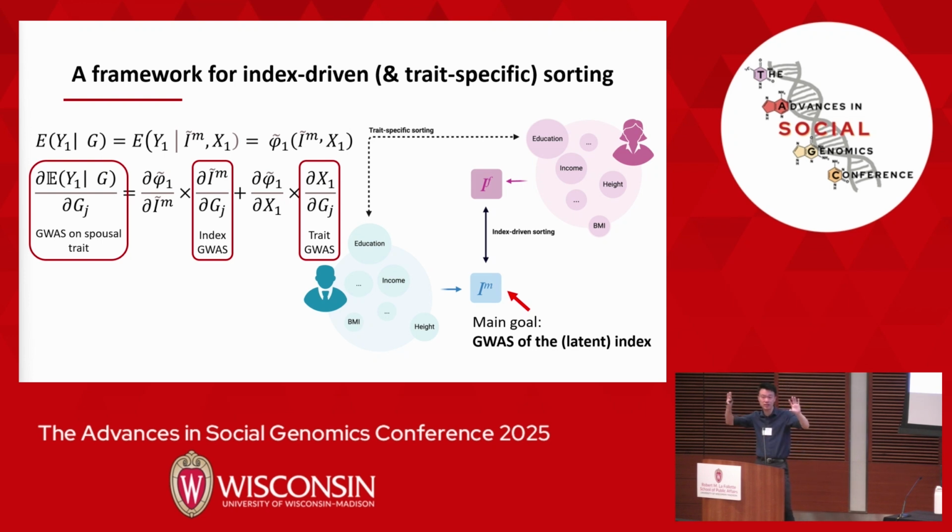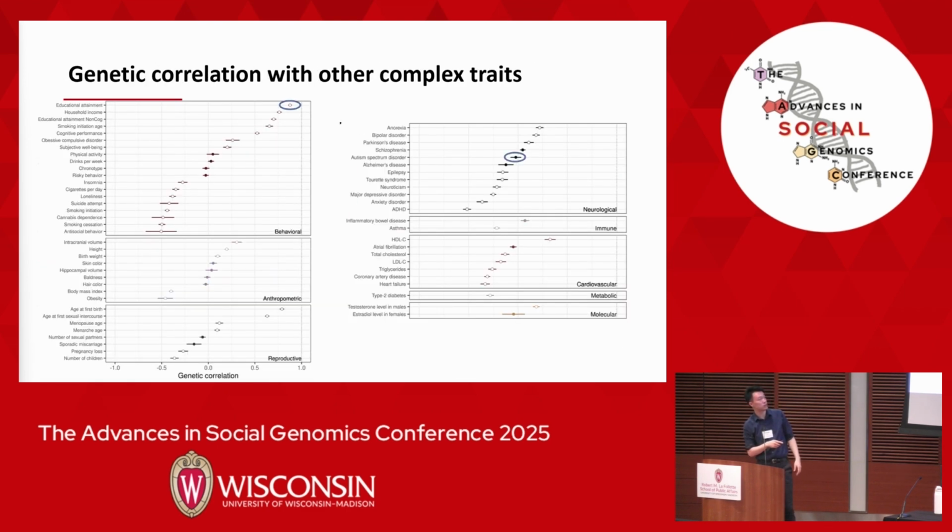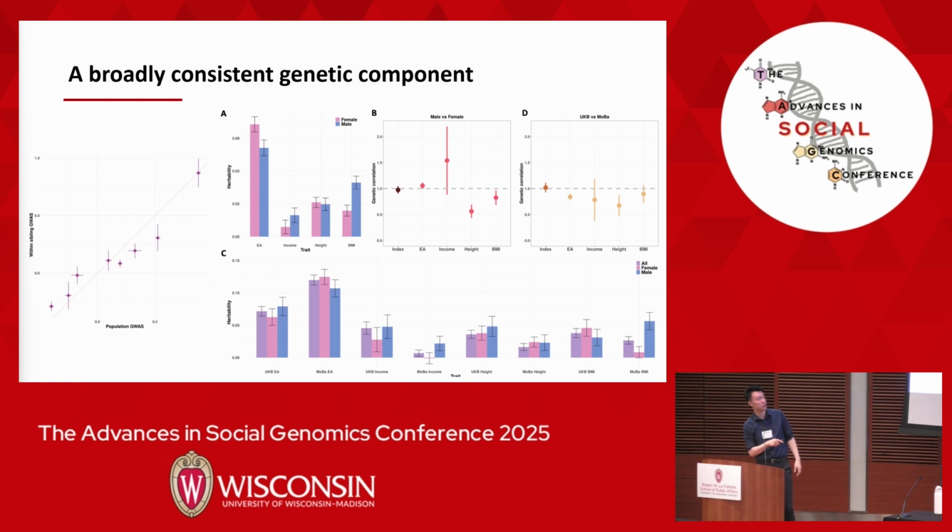Then you can actually see how different the GWAS look between the male index and the female index. Part of my point was, surprisingly, this gives you a perfect genetic correlation. So this is empirical evidence that there doesn't seem to be a lot of difference when you do this GSAM thing to learn about the shared component across multiple spousal outcomes. But for individual phenotypes, you see a lot of differences. I see what you mean, yeah. Okay, thank you.